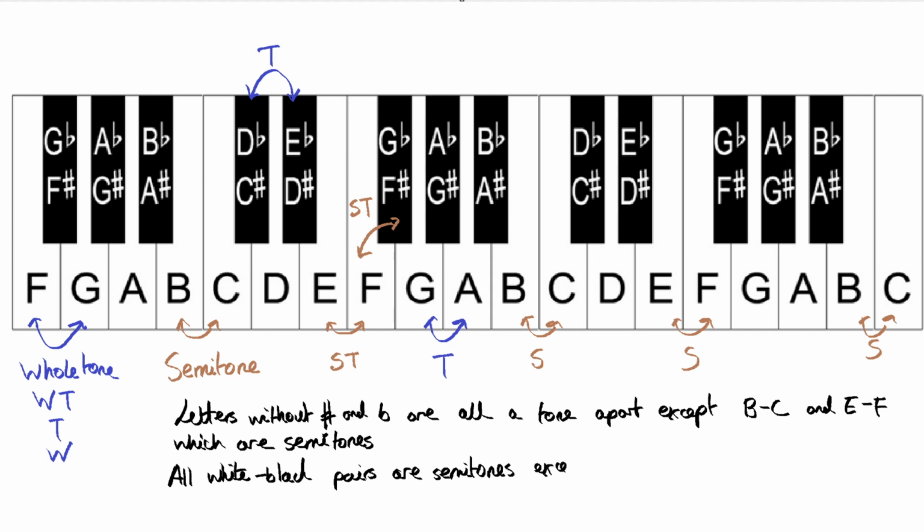Except B to C sharp and E to F sharp, which are tones. And watch out for enharmonics, which we mentioned in the last video.